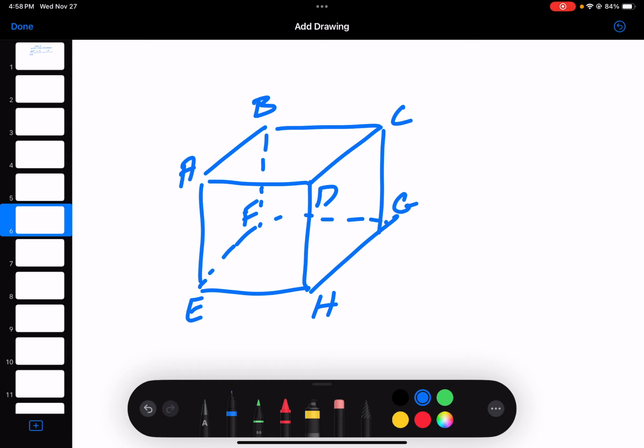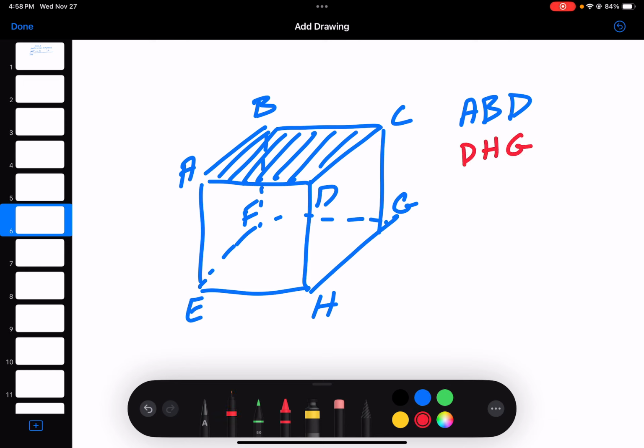Okay, so the intersection of plane ABD, so plane ABD is what? ABD would be this plane, right? And plane DHG, so DHG will be this plane.